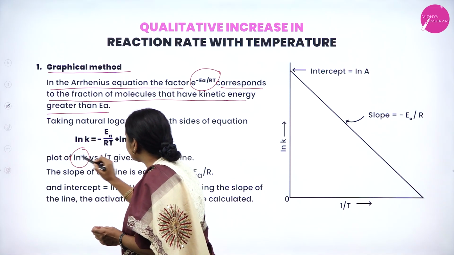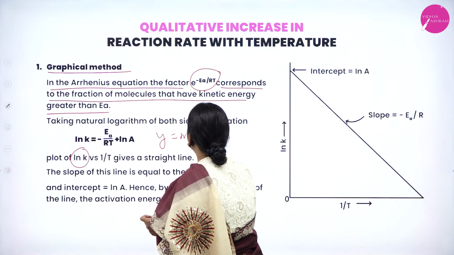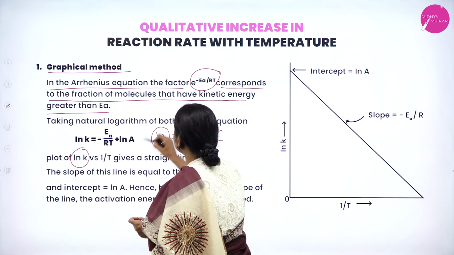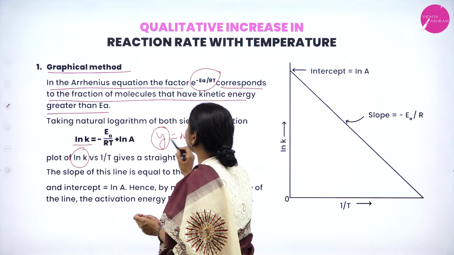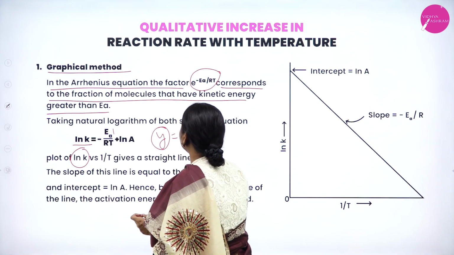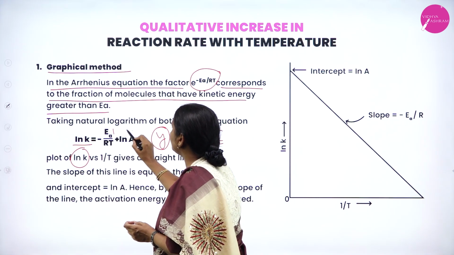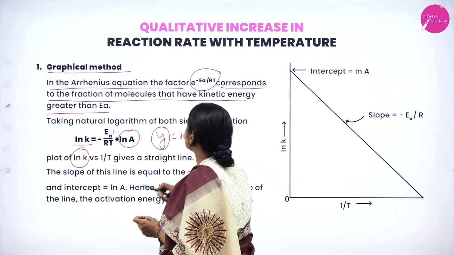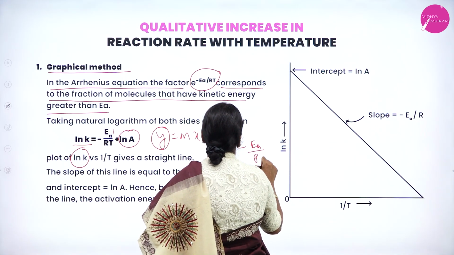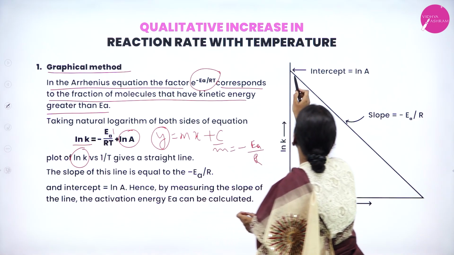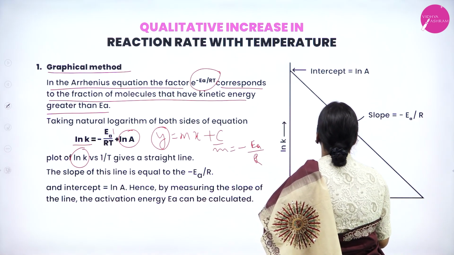If I compare this equation with y is equal to mx plus c, in place of y we have ln k, in place of x we have 1 by T, in place of c we have ln A, and the slope m is equal to minus Ea by R. With negative slope, we will get a straight line sloping downward.